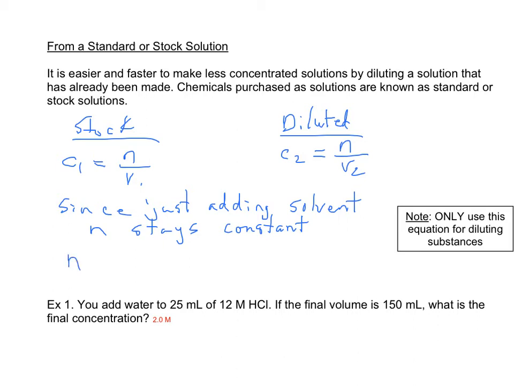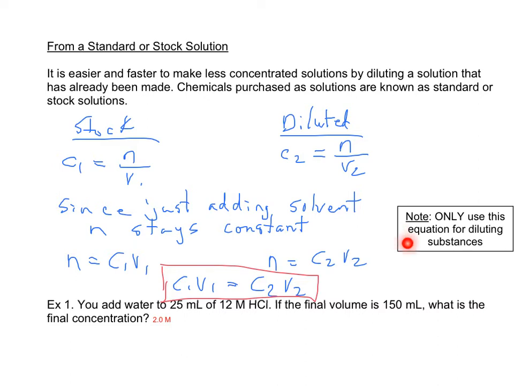For the stock solution, the moles of the solute is going to equal the concentration times the volume, and the same thing for the diluted solution. Because the moles are the same number, we can set C1 V1 equal to C2 times V2. This is known as the dilution equation.